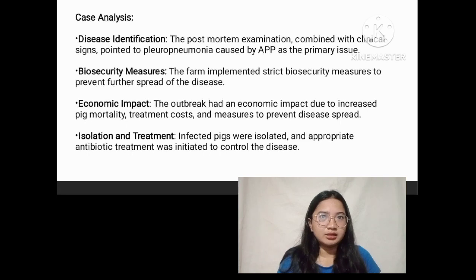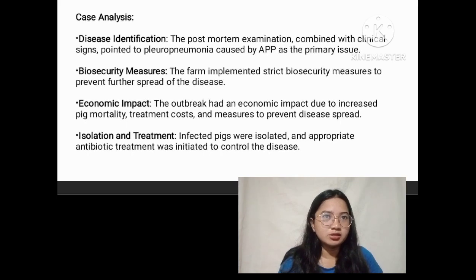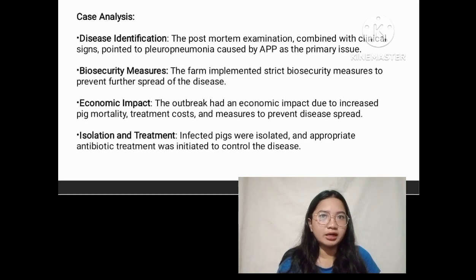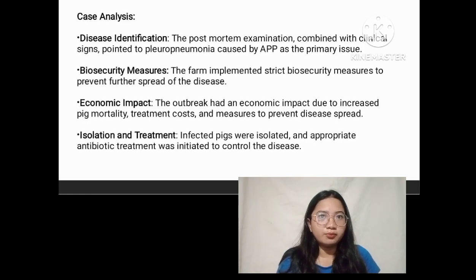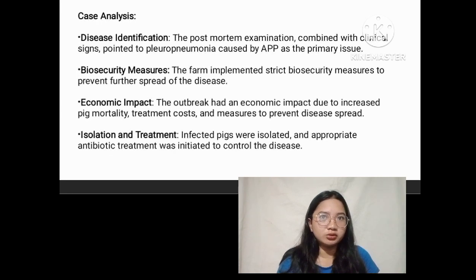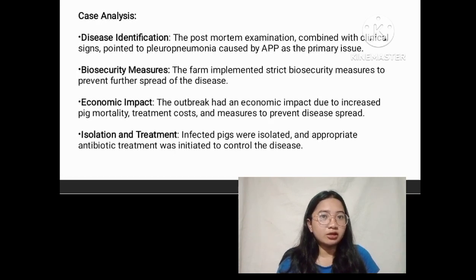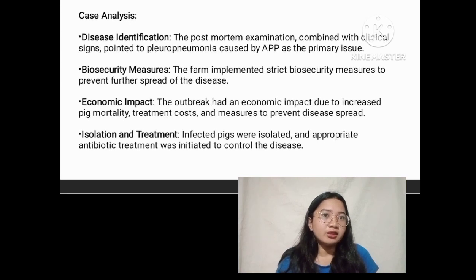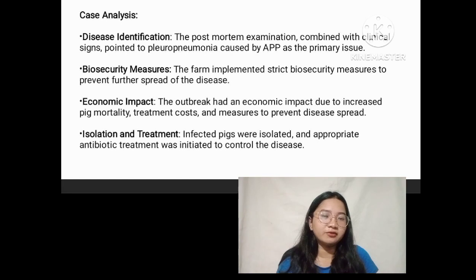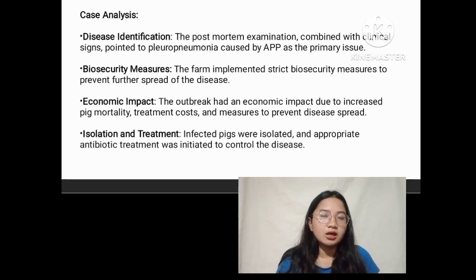Case analysis. Disease identification. The post-mortem examinations combined with clinical signs pointed to pneumonia caused by APP as the primary issue. Biosecurity measures. The farm implemented strict biosecurity measures to prevent further spread of the disease.